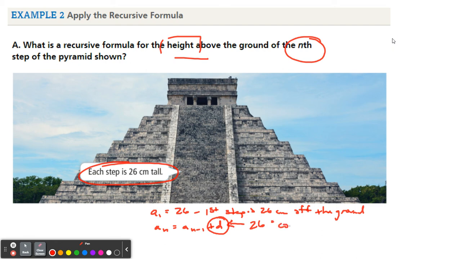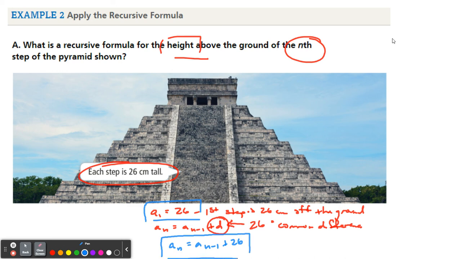So your formula is a sub n equals a sub n minus 1 plus 26. If you were answering this question, you would tell me what a sub 1 is, and then what a sub n is.